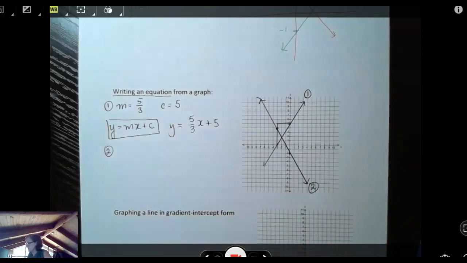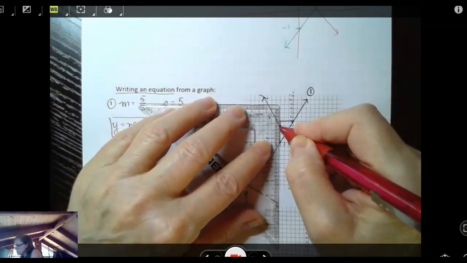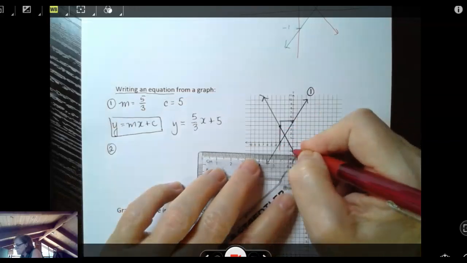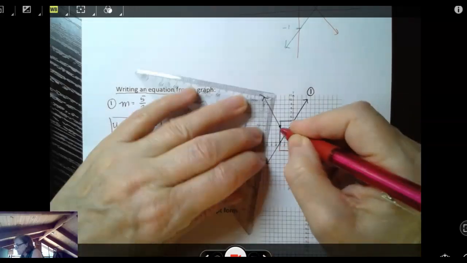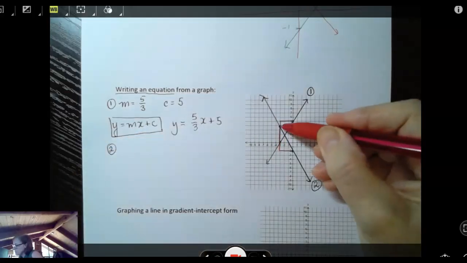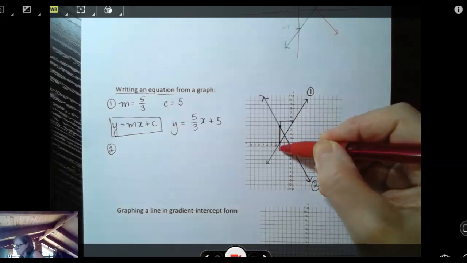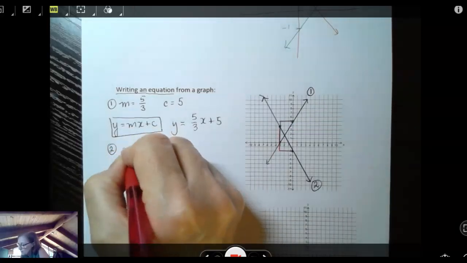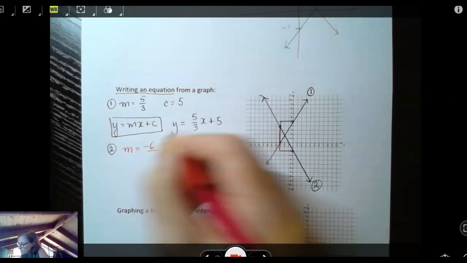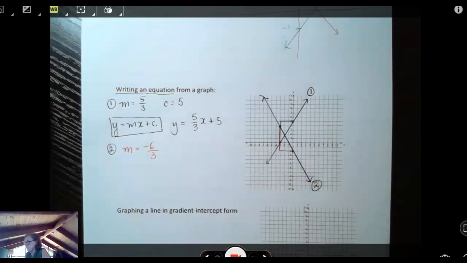I'll use red this time so you can see it. So I'm going to go down and to the right. Down from the point and to the right. So I'm going to count down 1, 2, 3, 4, 5, 6, down 6. So the m is -6 over 1, 2, 3, -6 over 3.